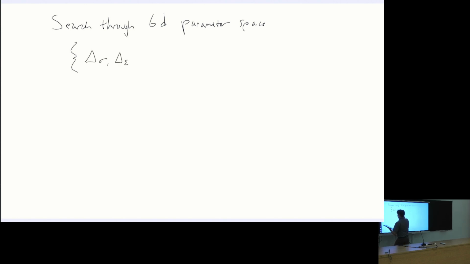Okay, so now with that all set up, we have to search through a parameter space. And in this problem, we basically have a 6-dimensional parameter space to search through. That consists of delta sigma, delta epsilon, and then a bunch of OPE coefficients.